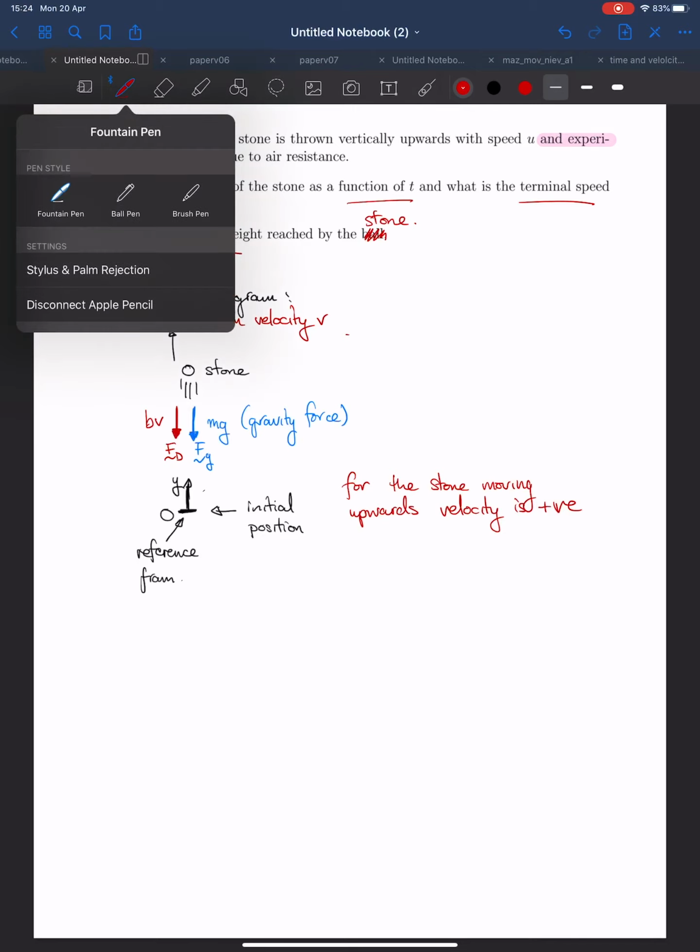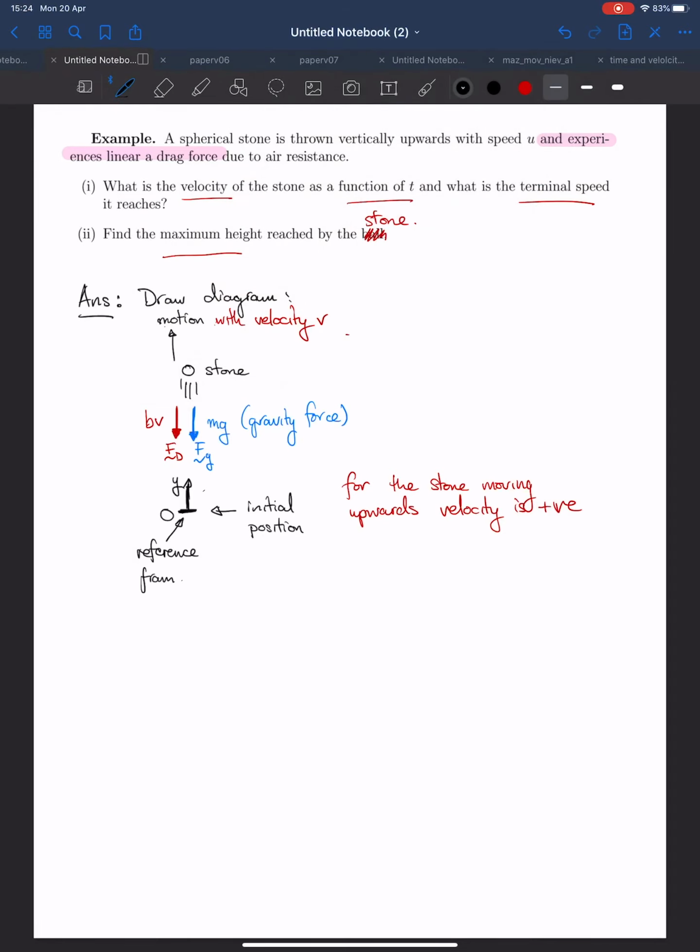Okay, so what are these forces? Well, Fg has magnitude mg, and I use the vector j, but it acts downwards, so we need to supply this with a minus sign, as we've done in similar examples in the past.